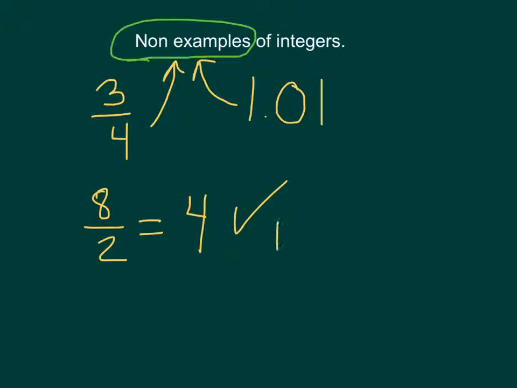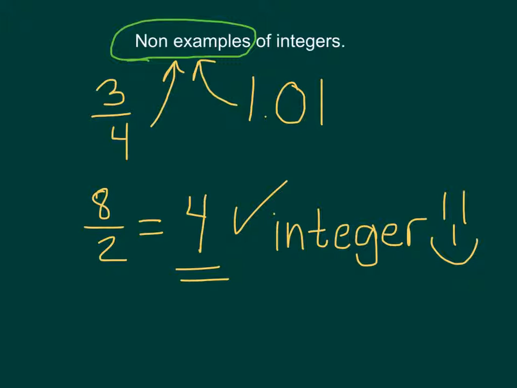So this is an integer. Okay? So even if it's written as 8 over 2 on homework or a quiz or test, you know that that simplifies to 4, and you know that that is an integer. Let's talk about a really famous non-example of an integer, and that would be pi. Pi is used in geometry, and that number really is a decimal, and it never ends.